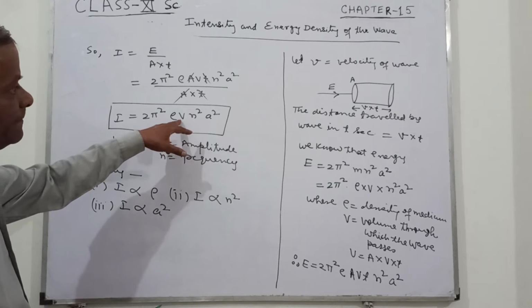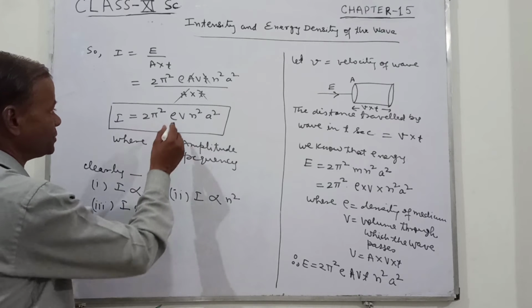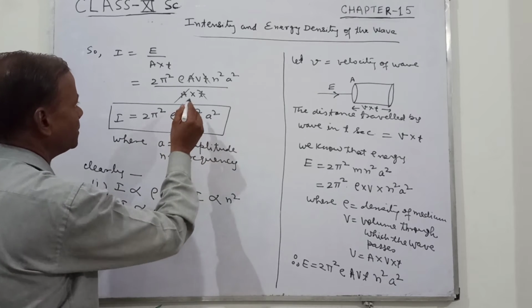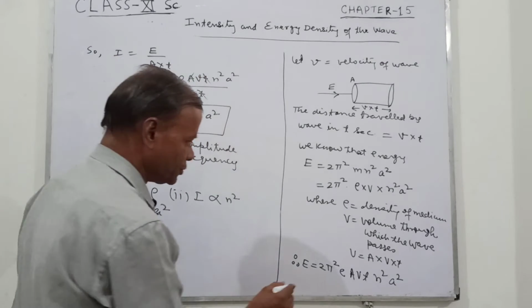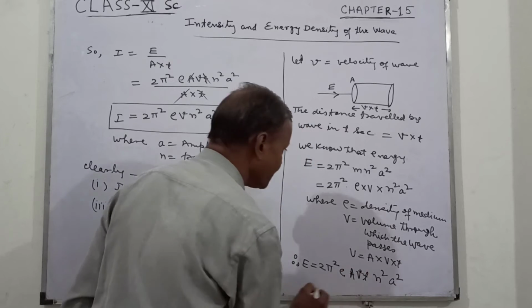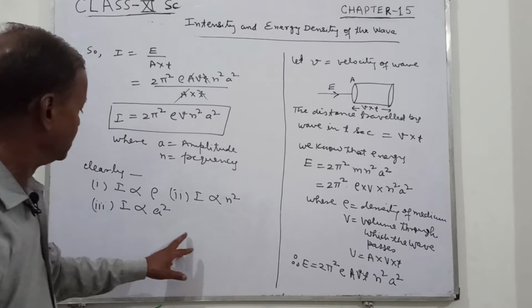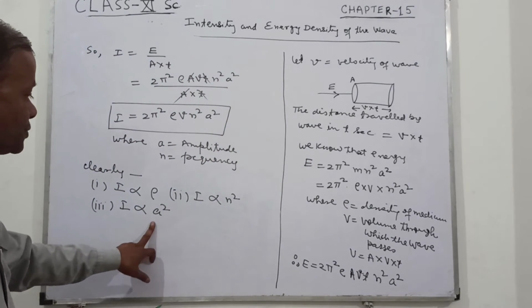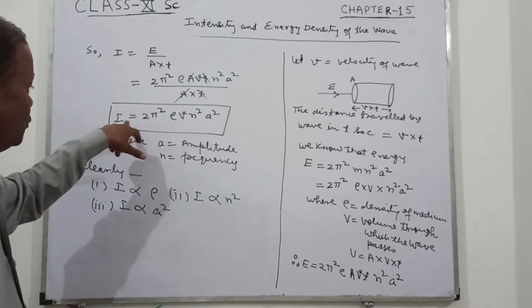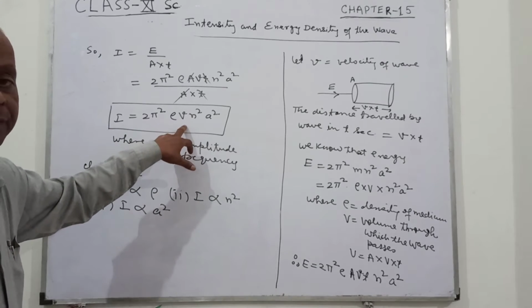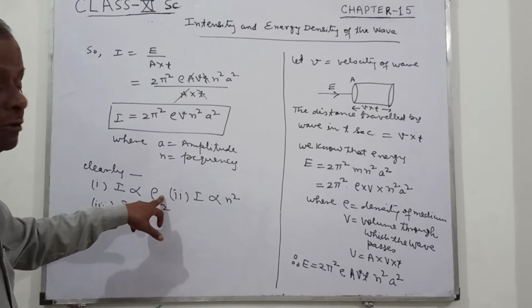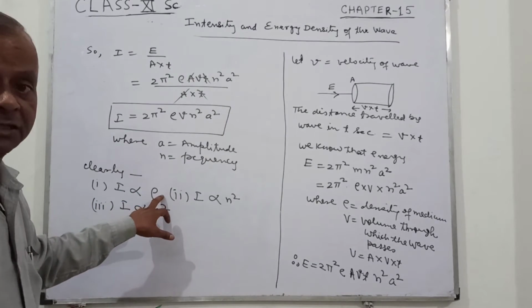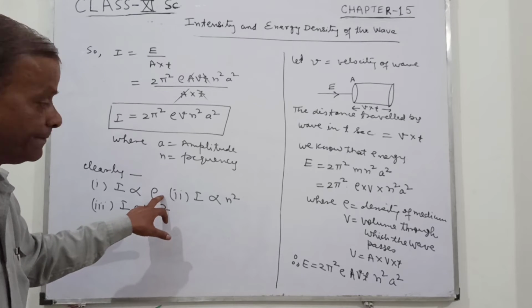It does not depend on v, because v is the velocity of the wave, which is constant. So intensity I is directly proportional to the density of the medium: higher the density, higher the intensity.